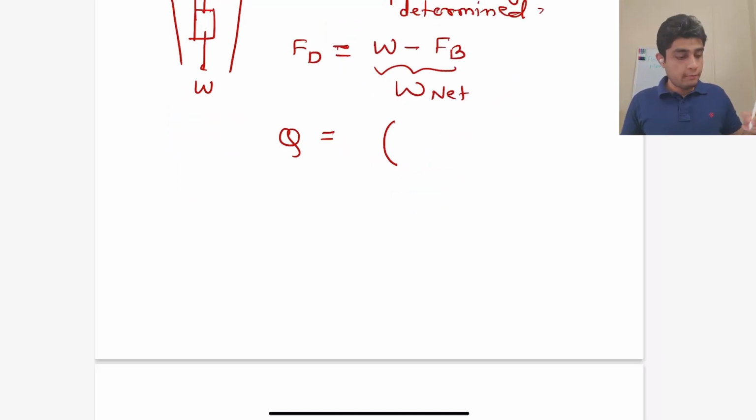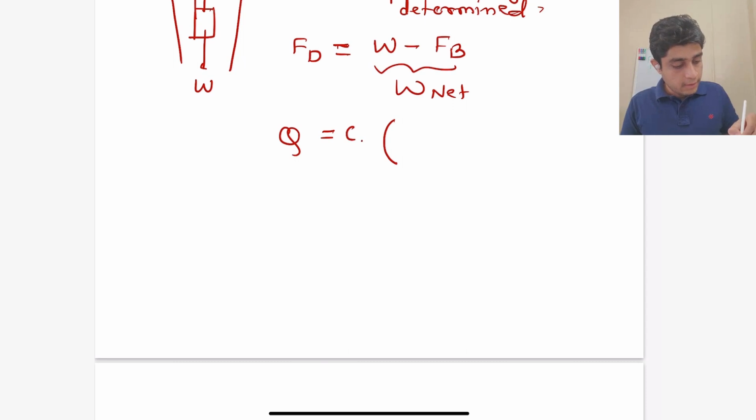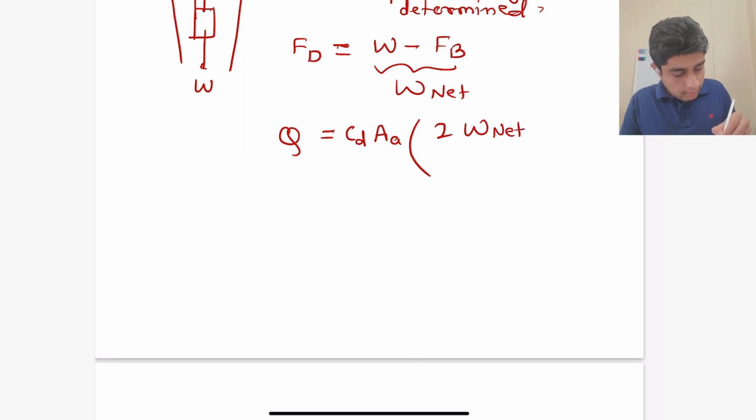The flow rate is equal to the coefficient of drag times the wetted area of the float times the square root of 2W_net divided by the area of the float times the density of the fluid.